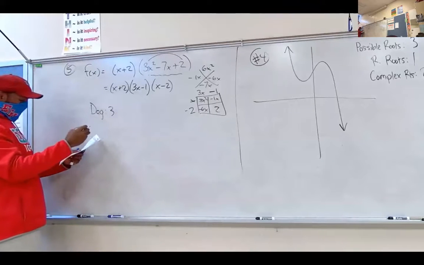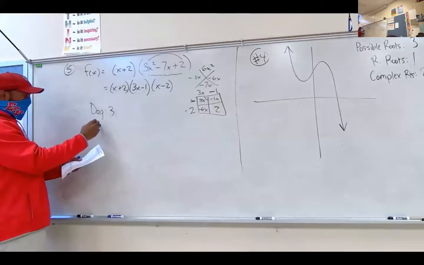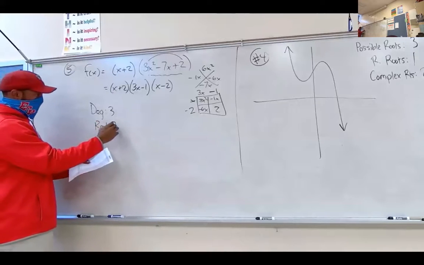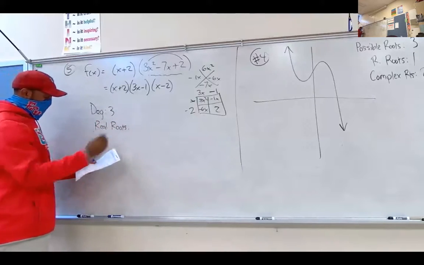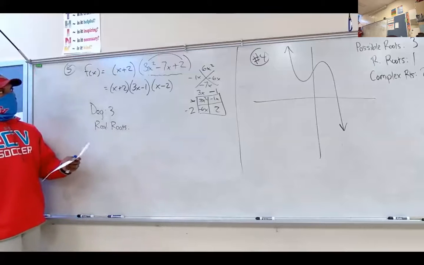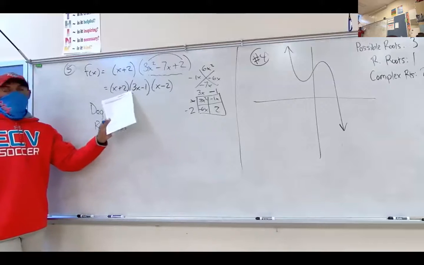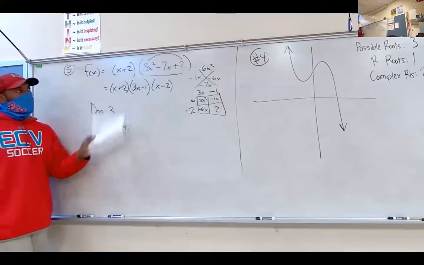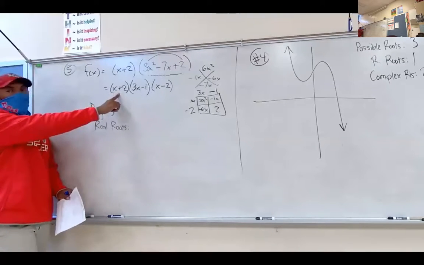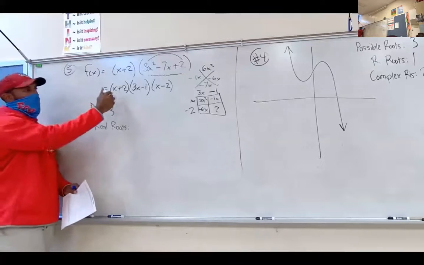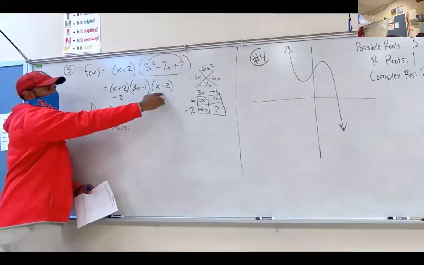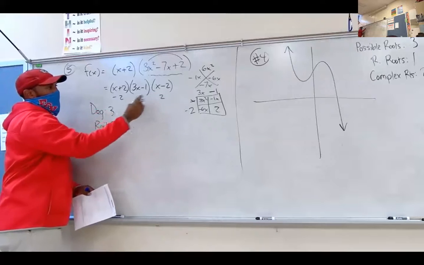All right, so now the next question would be real roots. Okay, so real roots, are these all real roots? Oh, yeah. So what would be the root from here? What number do you get from that? Minus 2. What about that one? Positive 2. You guys know what that one is?